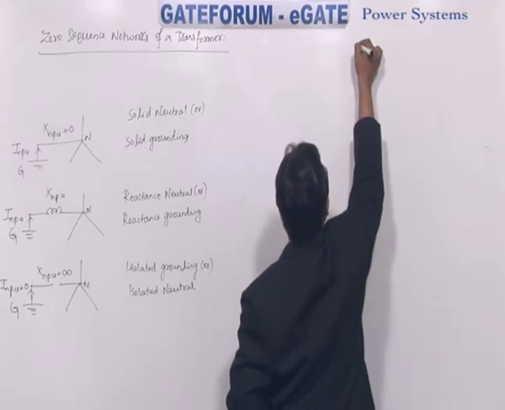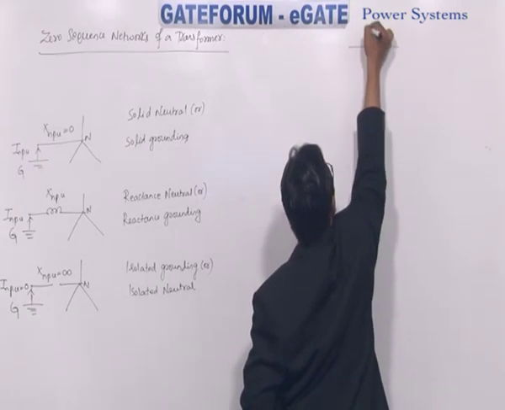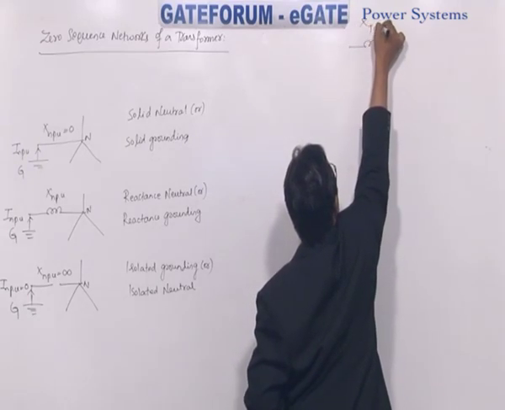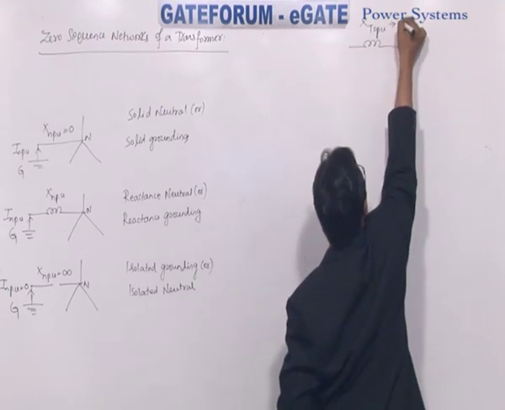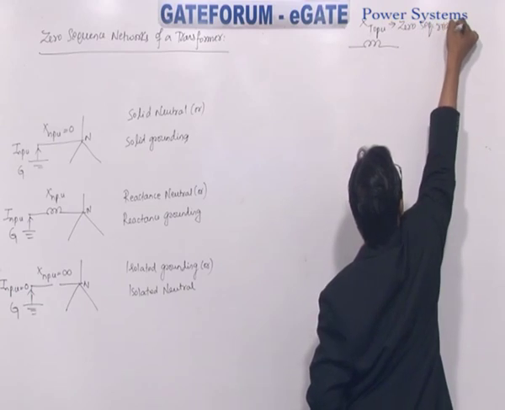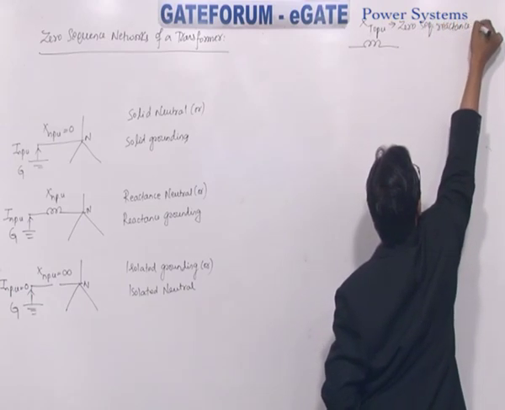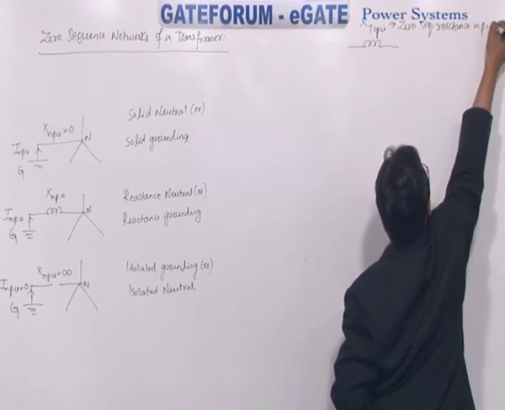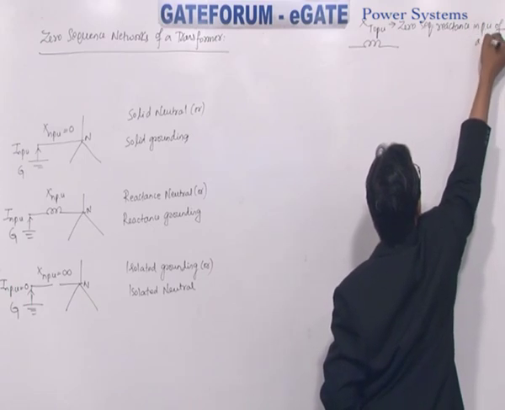So how you represent the basic configuration? Represent XT0 per unit. What is XT0 per unit? The zero sequence reactance in per unit of a transformer.